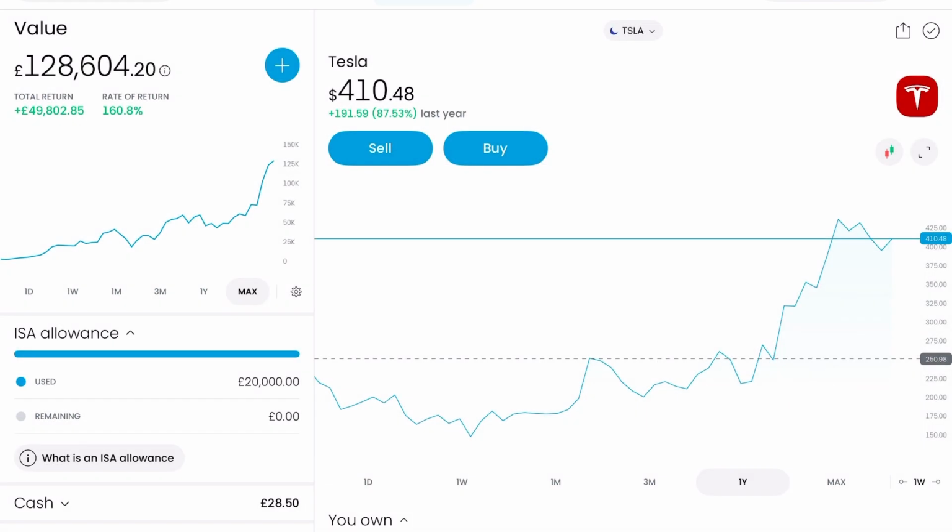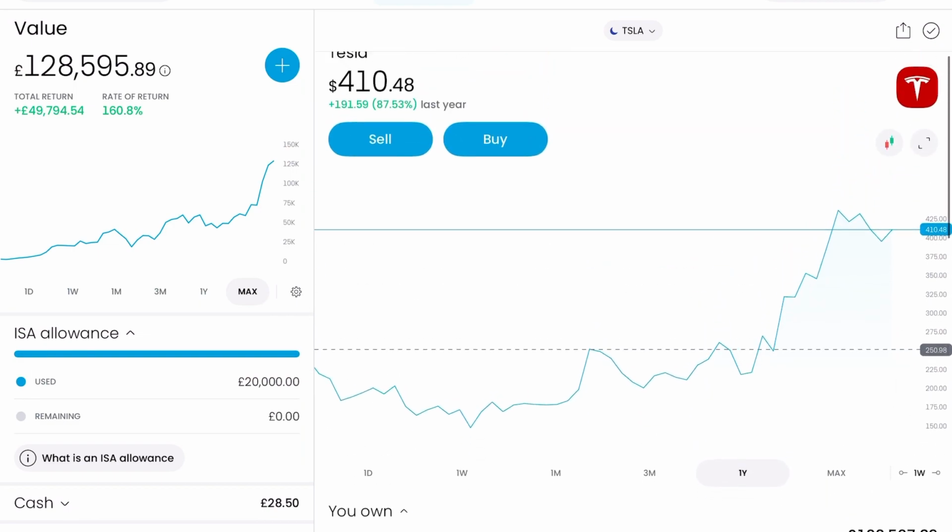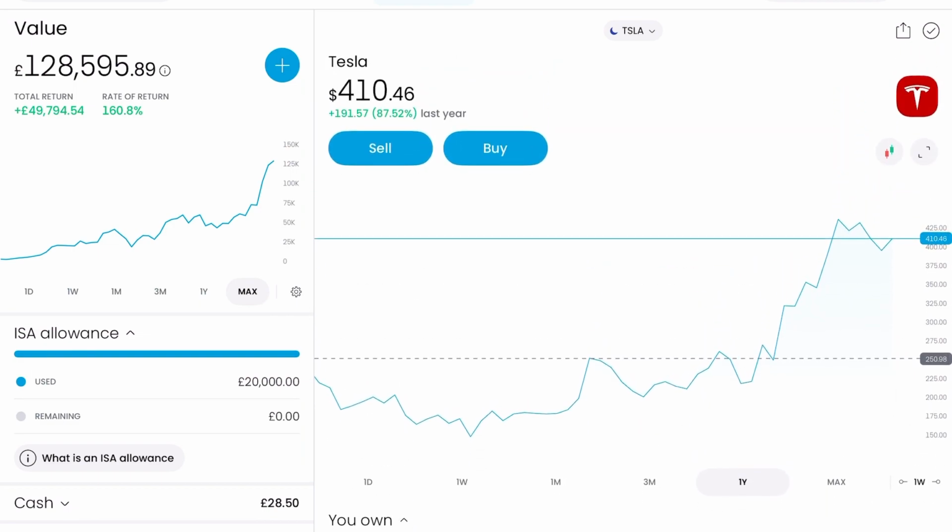so I'm going to have to wait. But if we look over to the left, we can see not only does it have a total return, but it also has a rate of return. Obviously that changes depending on if you go the max, 1 year, 3 month, 1 month, 1 week, or 1 day. I haven't quite worked out what calculation it's doing.